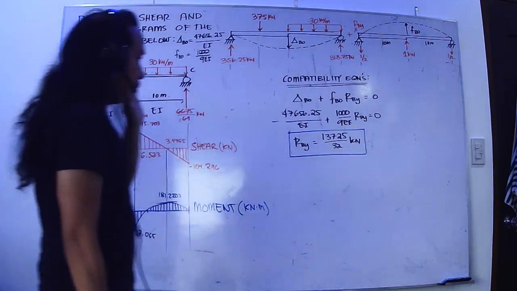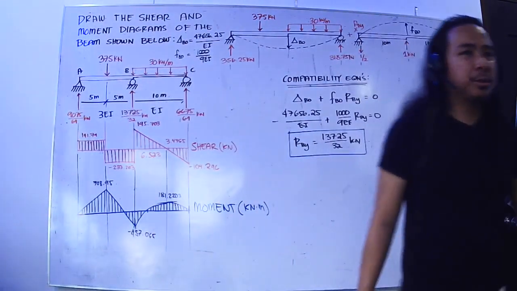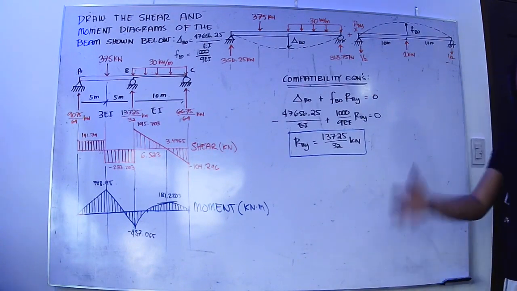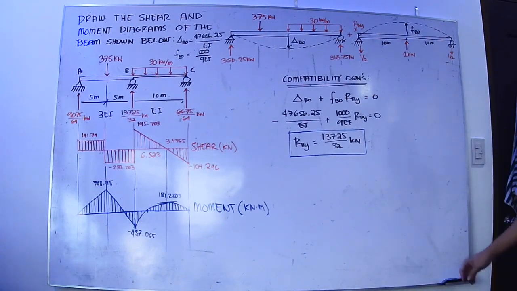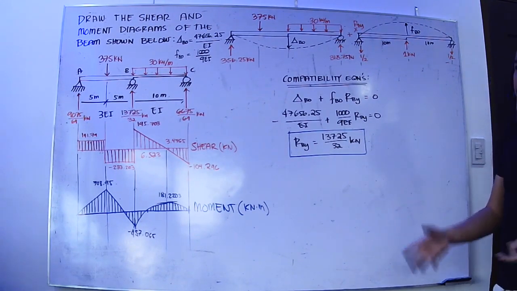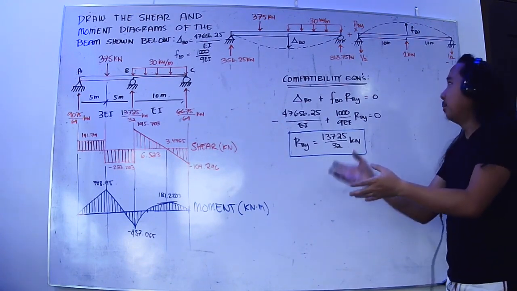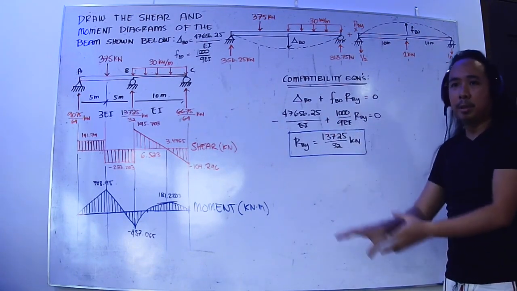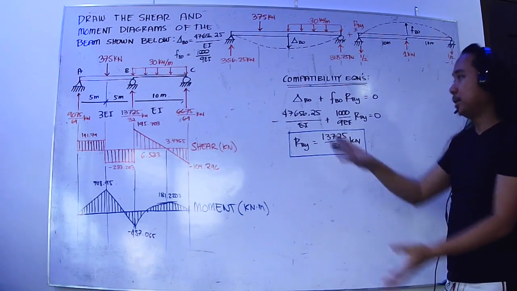Now, at this point, why are we solving for moment and shear? We start with shear and moment of two separate beams, then we get the deflections, and then we go back to the main problem.